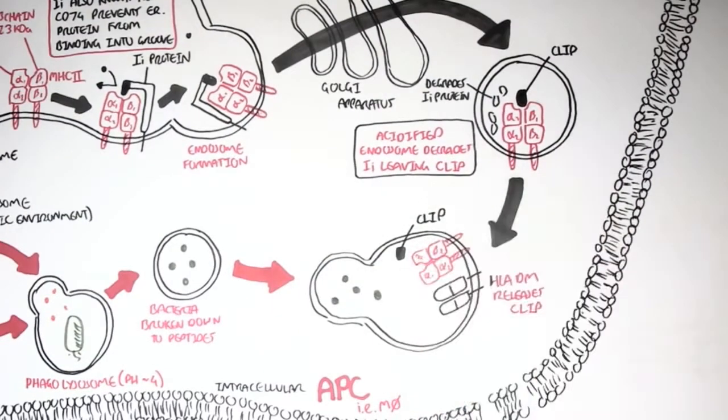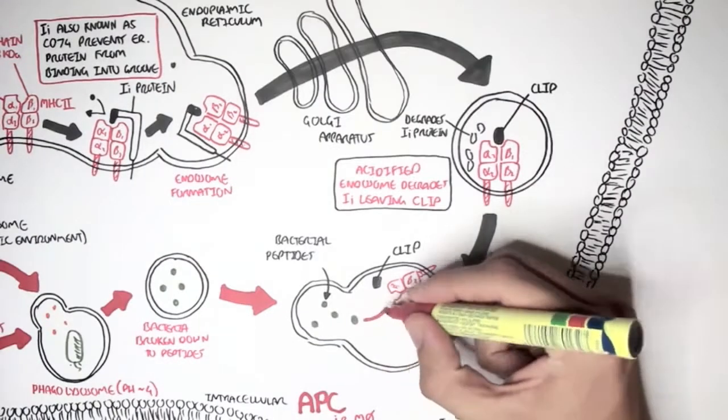This will allow the peptides to bind onto the groove of the MHC class 2. However, only a specific peptide, a specific antigen, is able to bind onto the groove of the MHC class 2, and this is for any MHC class 2 because it's all unique.